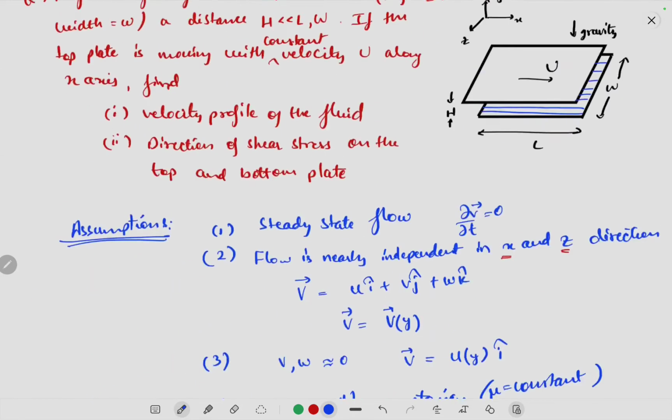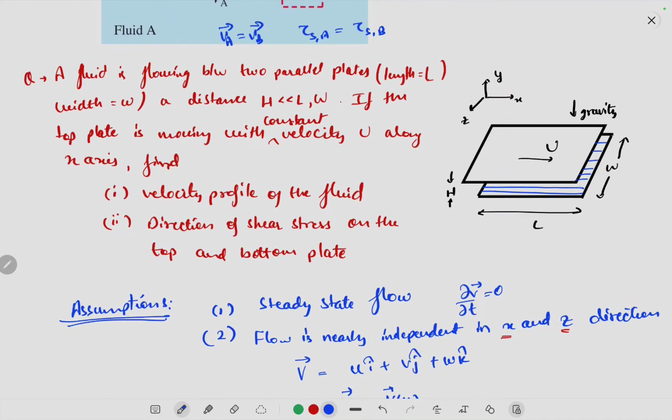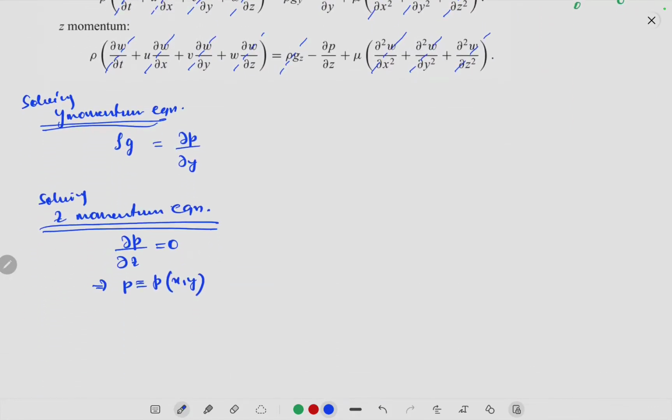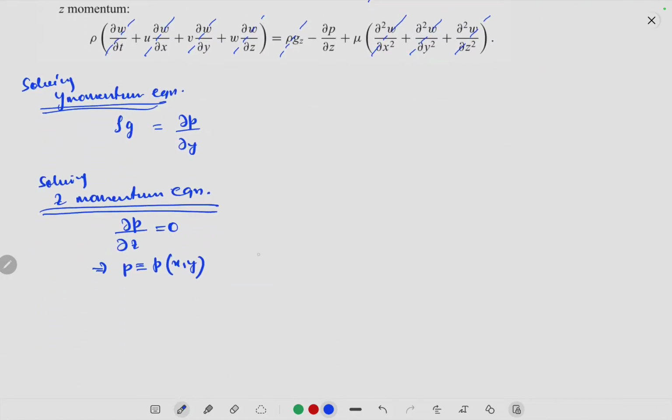But in our problem the flow is driven by the upper plate, so there is no pressure difference driving the flow. With that argument I can say that the pressure P is not a function of x, since there is no pressure gradient driving the flow.